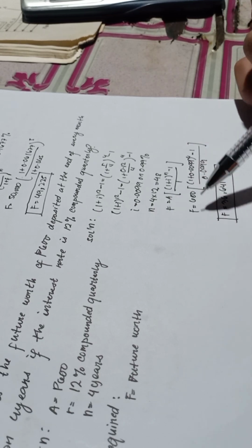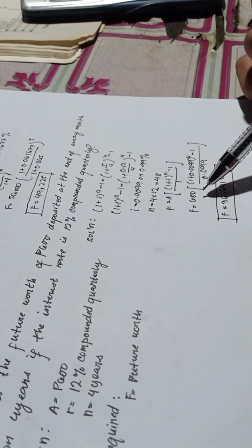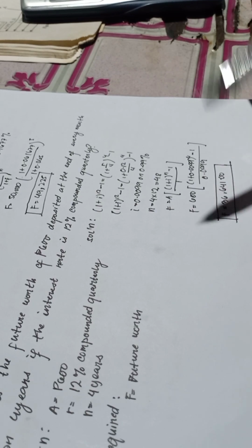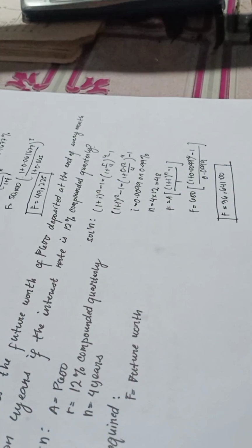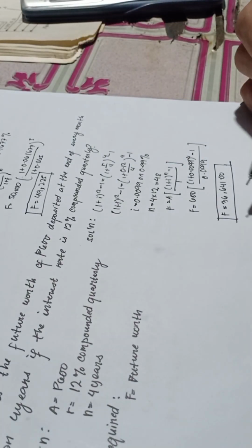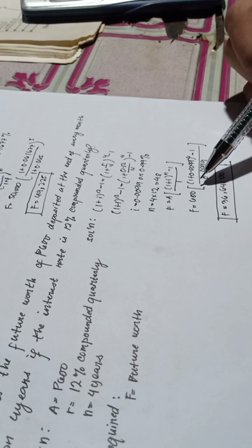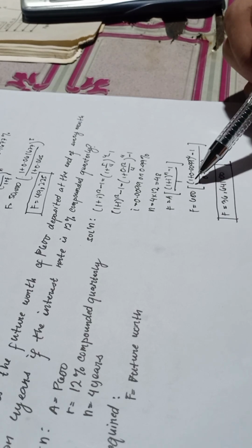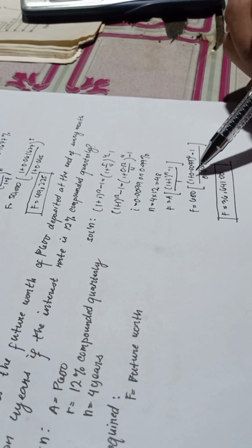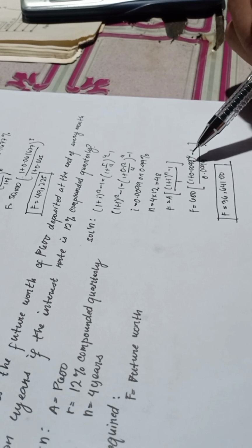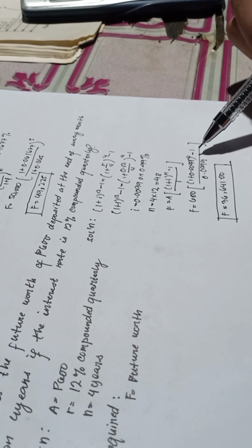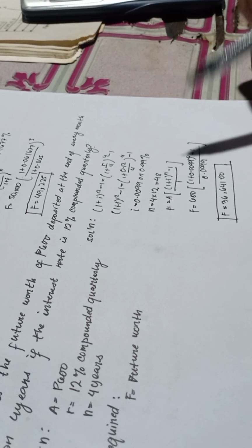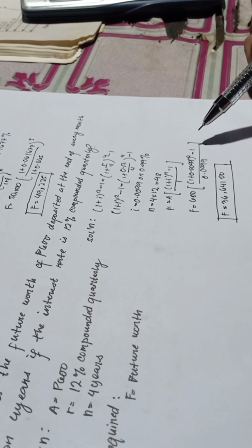So F is equal to 600 multiplied by the quantity of 1 plus 0.009 raised to the power of 48 minus 1 over 0.009.